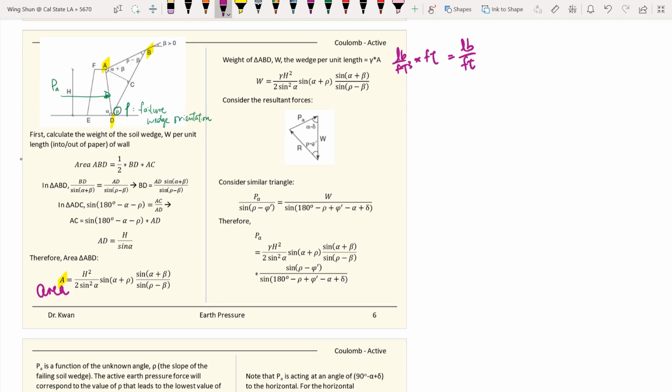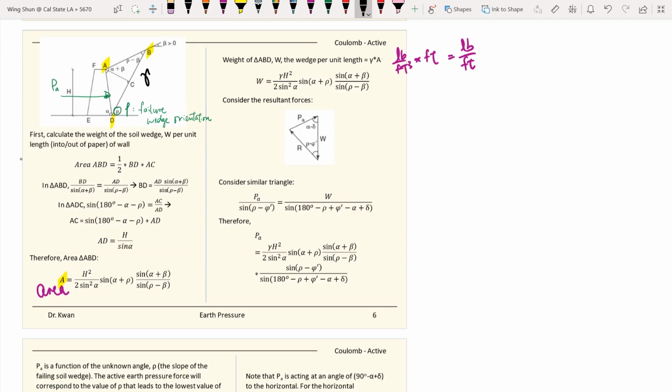We know the area from the previous equations, and we assume this is a homogeneous soil backfill, so it comes with a single unit weight, gamma.